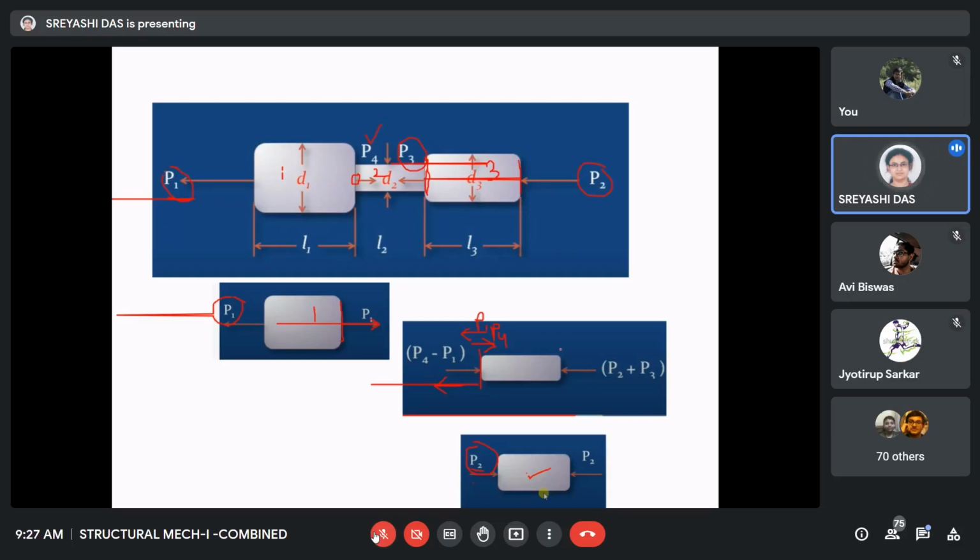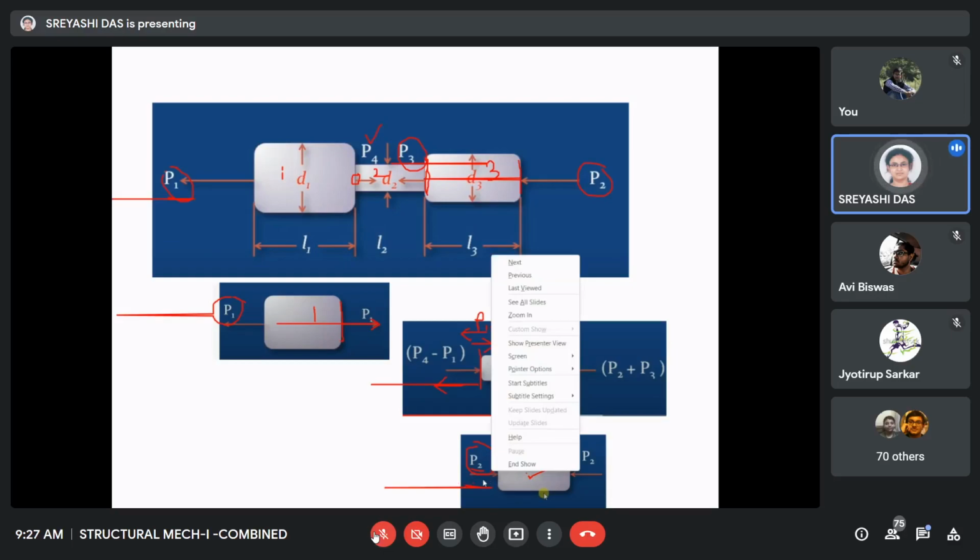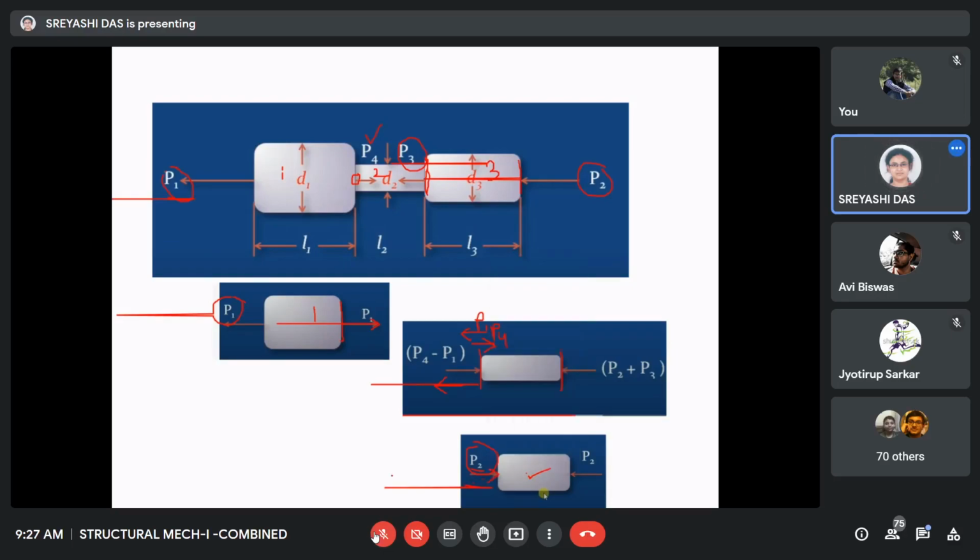Okay, and if we take the right side, for this member 3, a compressive load of P2 is acting.